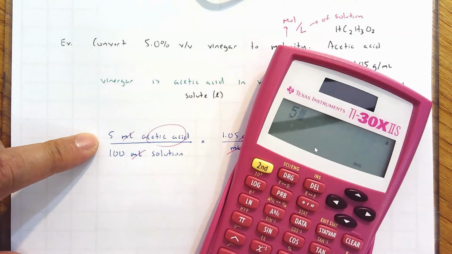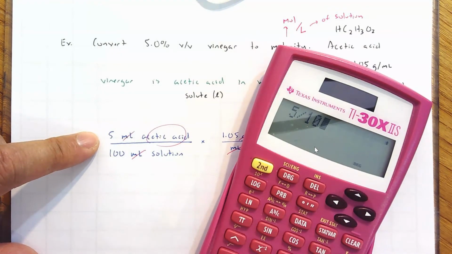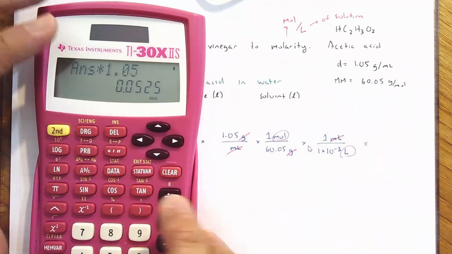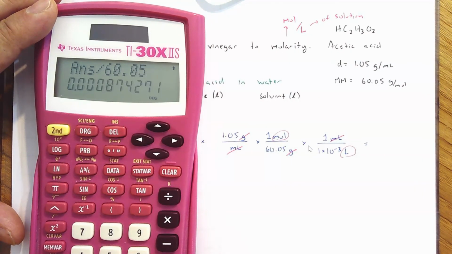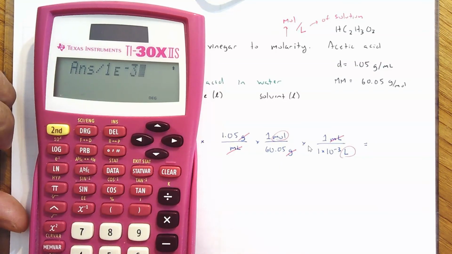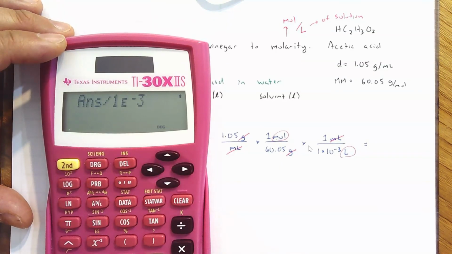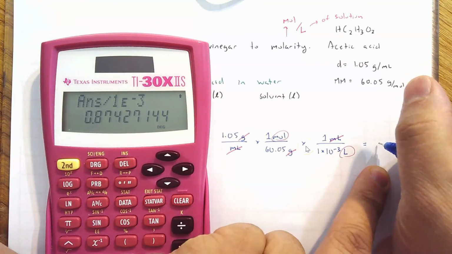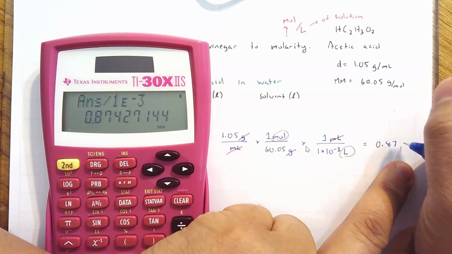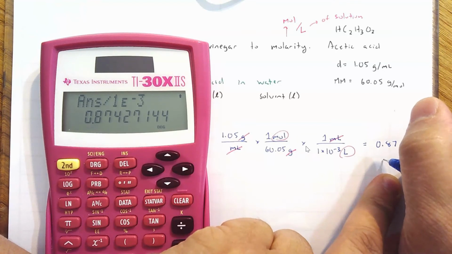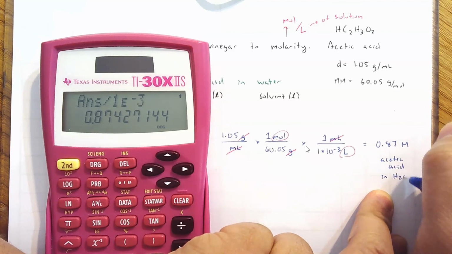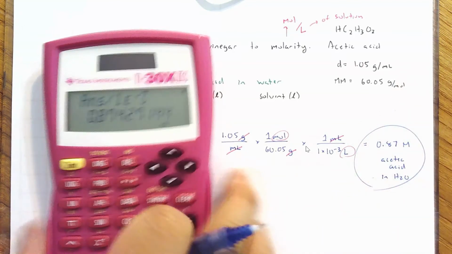I press enter after each operation. 5 divided by 100 equals times 1.05 equals divided by 60.05 equals divided by 1 times 10 to the minus 3. I don't need parentheses if I use the E button. Equals. Good, it's a reasonable number. 0.87, we'll keep it at 2 sig figs, molar acetic acid in H2O. That is your molarity.